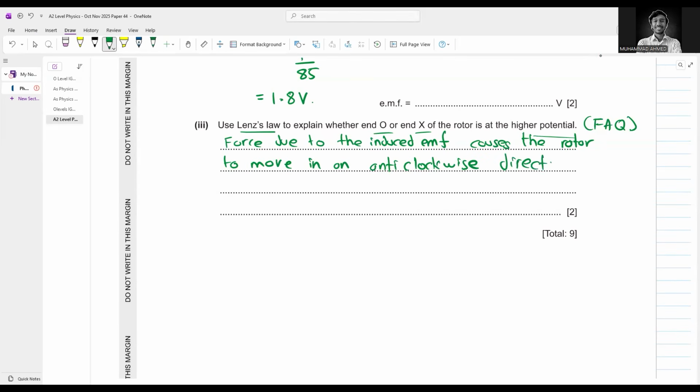What else will you say? Move in an anti-clockwise direction. Applying Fleming's left-hand rule, the current flows from O to X.